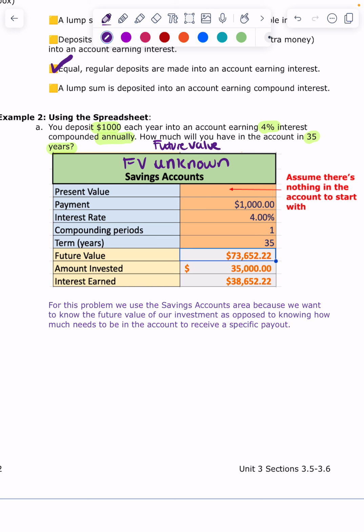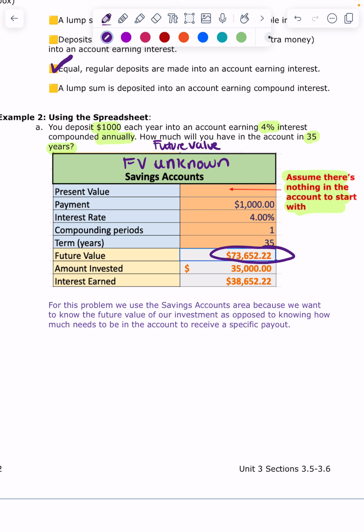So we put the $1,000 in for the payment. You don't put anything in present value because we're assuming that you're starting from 0. And then 4% interest, compounding period is 1 because it's annually. We're doing this for 35 years. And we want to know future value.